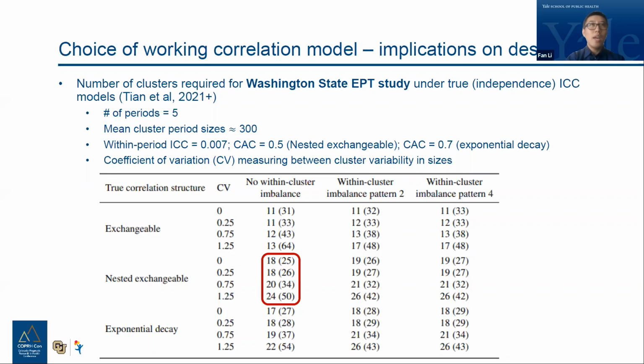And so a small change of the CAC values means that we may have assumed different information as to how these serial measurements are going to be correlated in the design. So I think regardless of small or large sample sizes, typically in stepped wedge cluster randomized trials, the power may be sensitive to CAC values.